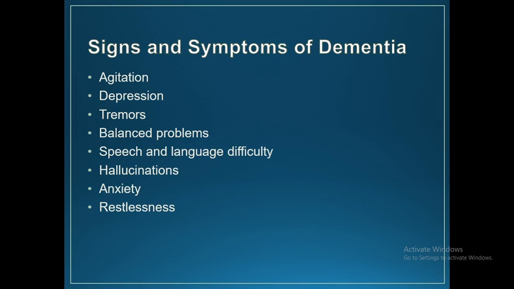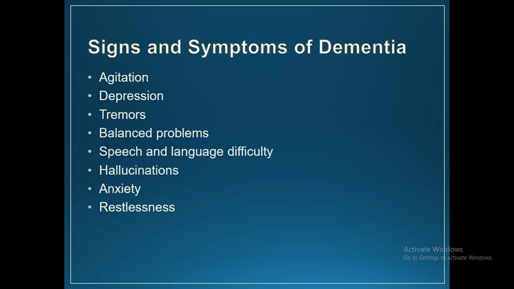Signs and symptoms of dementia. What are those? First of all, agitation, then depression, then tremors. The patient will have unintentional tremors, then balance problems, speech and language difficulty, hallucinations, anxiety and restlessness.